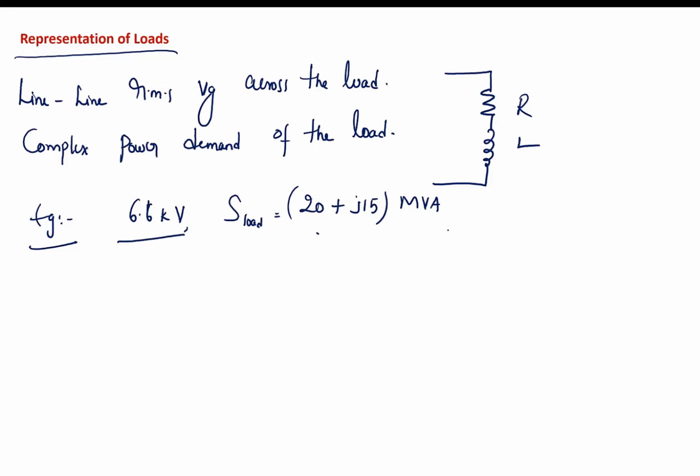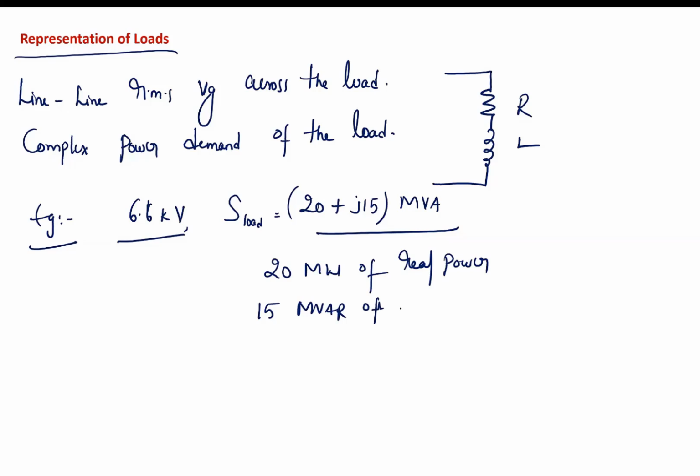Which means the voltage across the load is 6.6 kV and the load is demanding 20 megawatt of real power, or active power, and 15 MVAR of reactive power. This is how we mention the load.